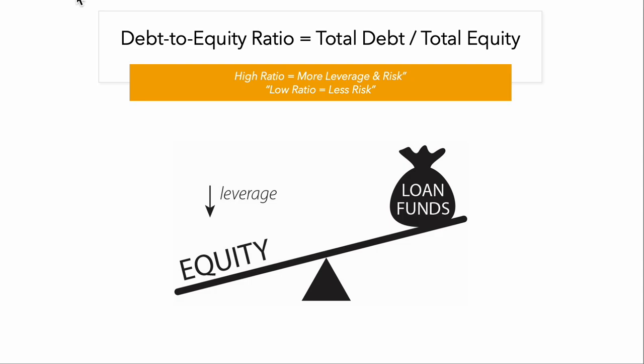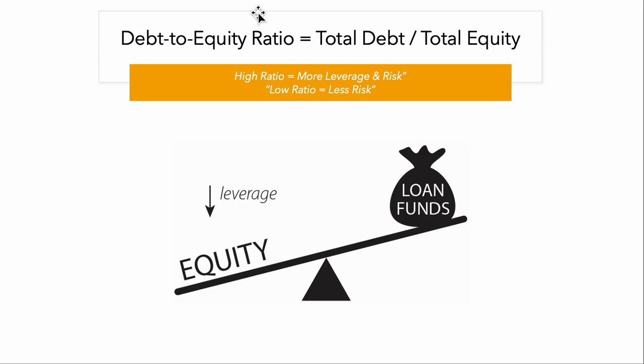First, let's break down the debt to equity ratio, which is calculated as total debt upon total equity. It is one of the most commonly used leverage ratios. This ratio compares a company's total debt to its shareholder equity, showing how much debt the company uses for every dollar of equity.